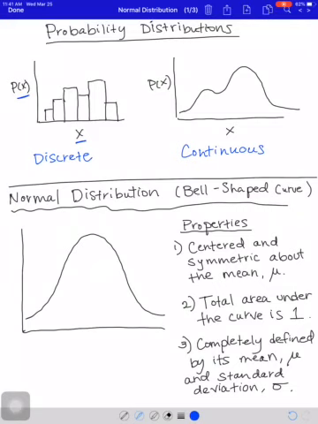And well, a few properties of this normal distribution. First off, it is centered and symmetric about the mean mu. So right here in the middle is the mean. Also, the total area under the curve is equal to 1, which makes sense if we think about what a probability distribution tells us.